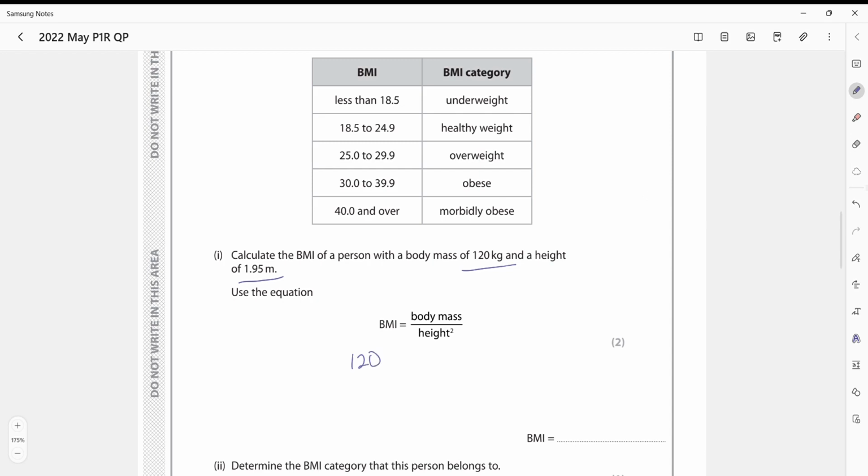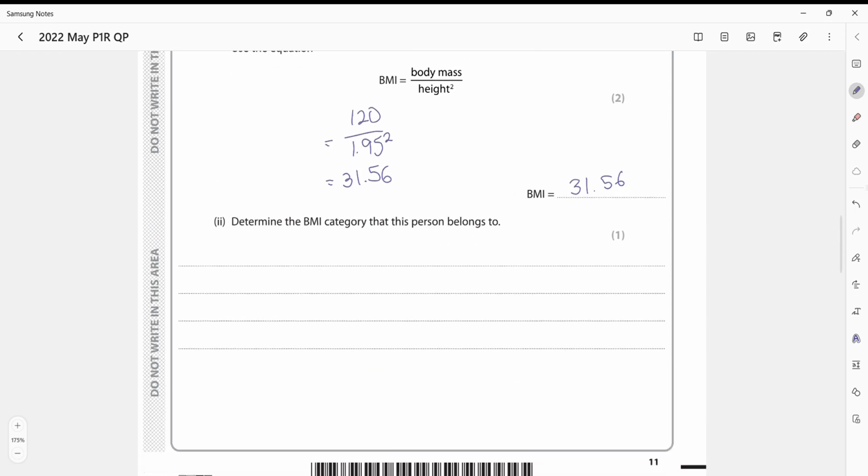So let's just plug in the numbers. So 120 divided by 1.95 to the power of 2. Let me just use the calculator here. And here we get 31.56. Okay.